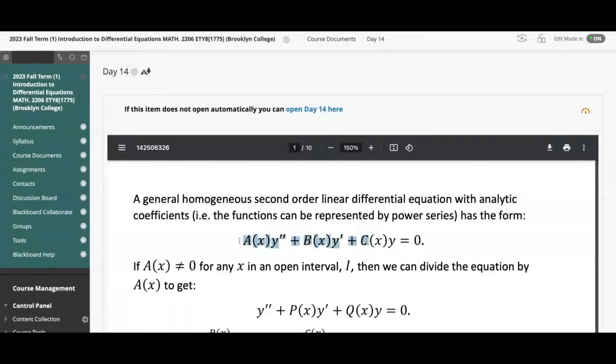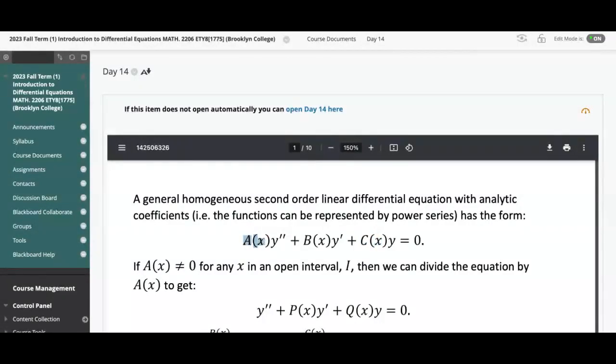So we have these homogeneous differential equations. We call the coefficient before y double prime a of x, a function of x. We call the coefficient before y prime b of x, and the coefficient for y, c of x. So basically, 3 coefficients, functions of x. And of course, they could be constant sometimes.